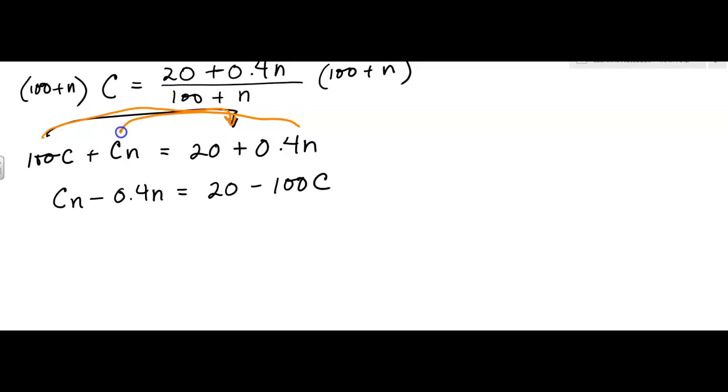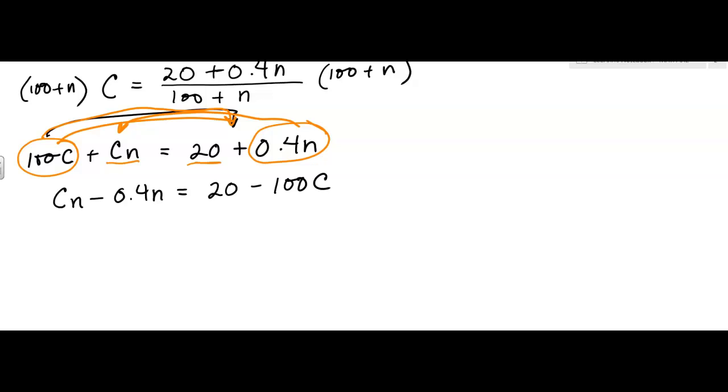So Cn stays put. This term's coming over, so Cn minus 0.4n. And then the 20 stays put, but the 100C, that part's going over. Okay? All right, so hopefully that was okay for you.